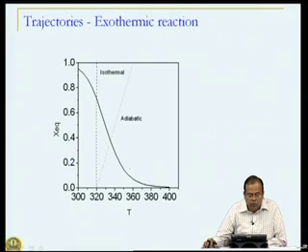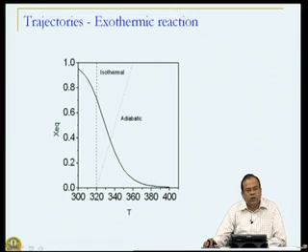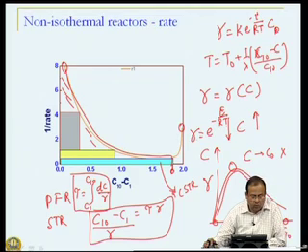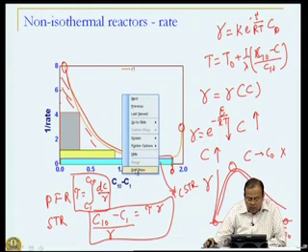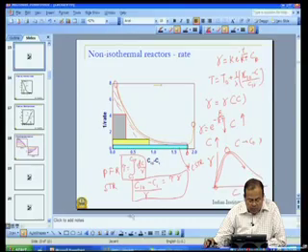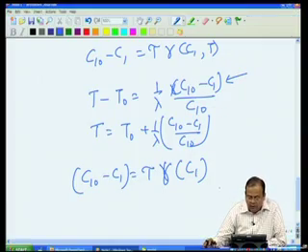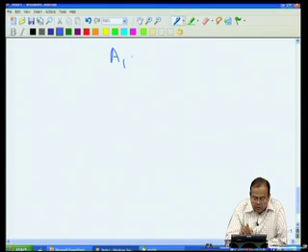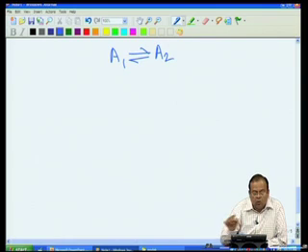Now, let us try to look at what happens when we have a reversible reaction. That is, what is the behavior for a reversible reaction, again in an isothermal or non-isothermal situation. So, our energy balances are same as before, but we have to now remember that we are looking at a reversible reaction, or in other words, let us say our reaction is A1 going to A2.